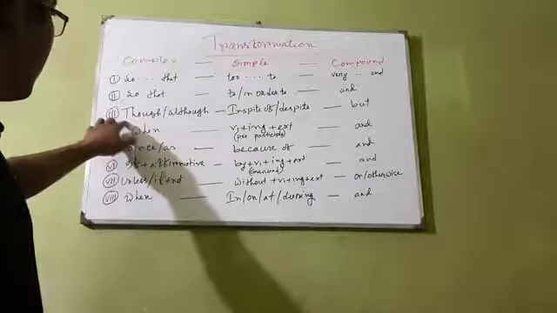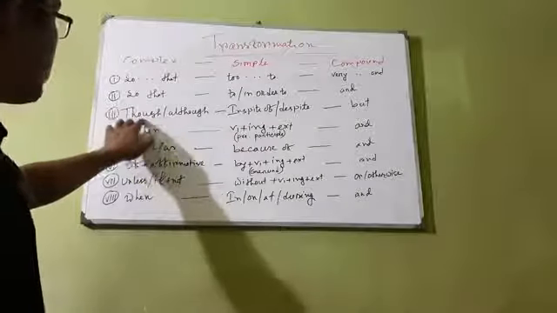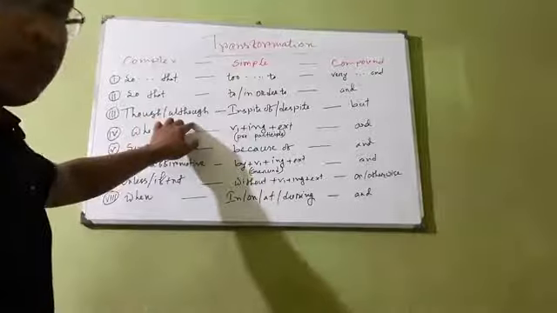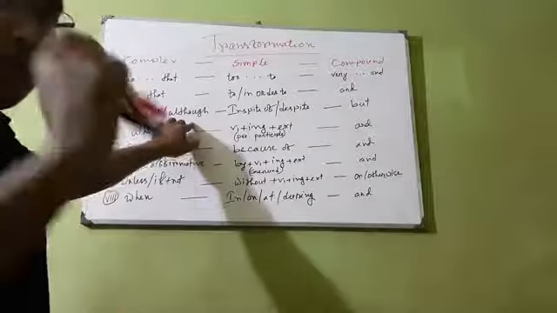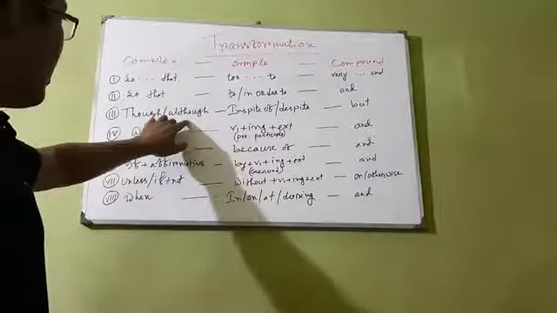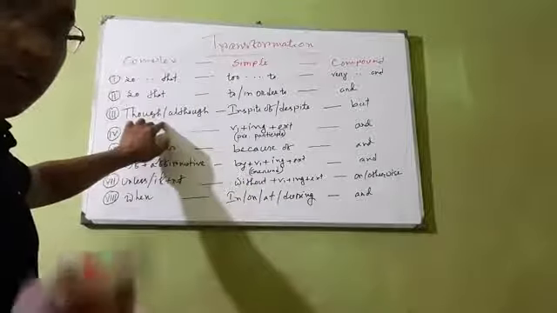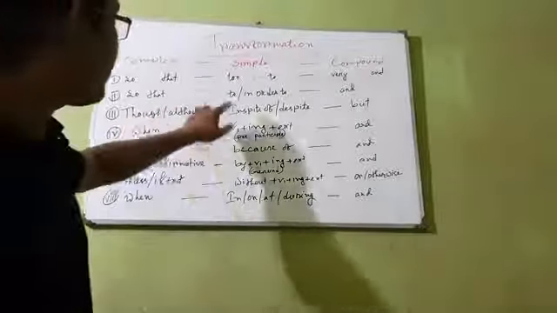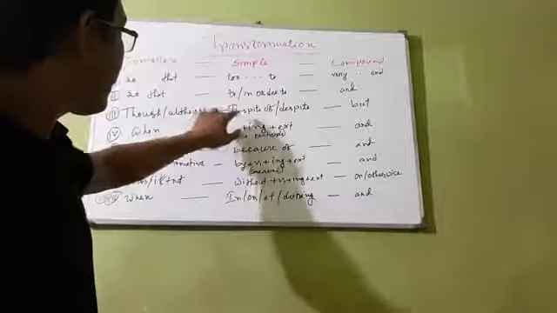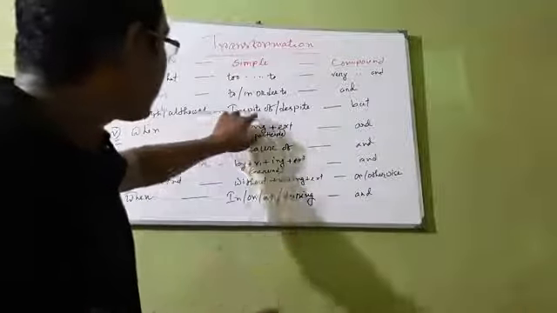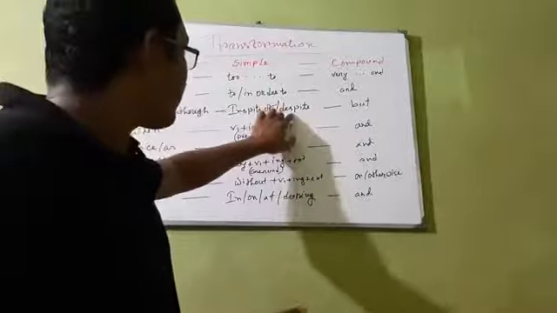Then go to number 3. If there is though or although in the sentence, in that case immediately we will understand that the sentence is in complex form. And if you are told to make it simple, you have to recall that you have to use in spite of or despite.